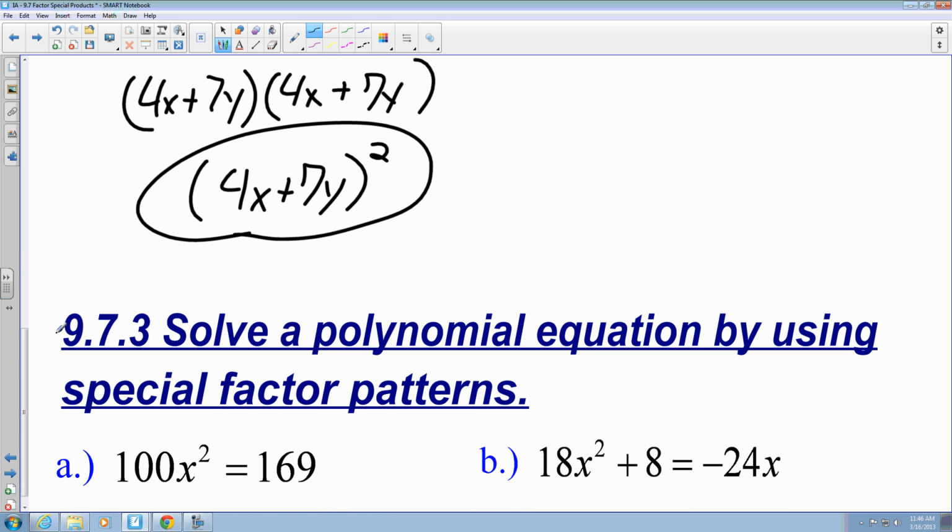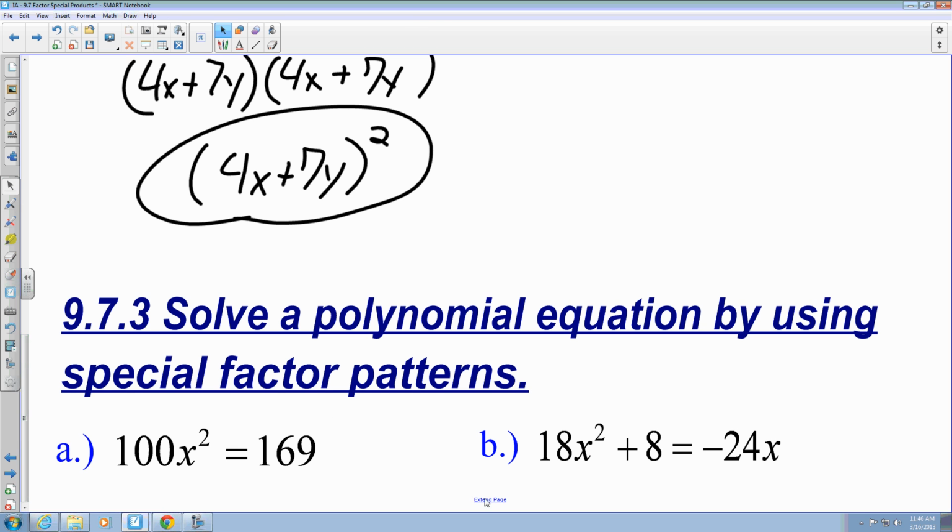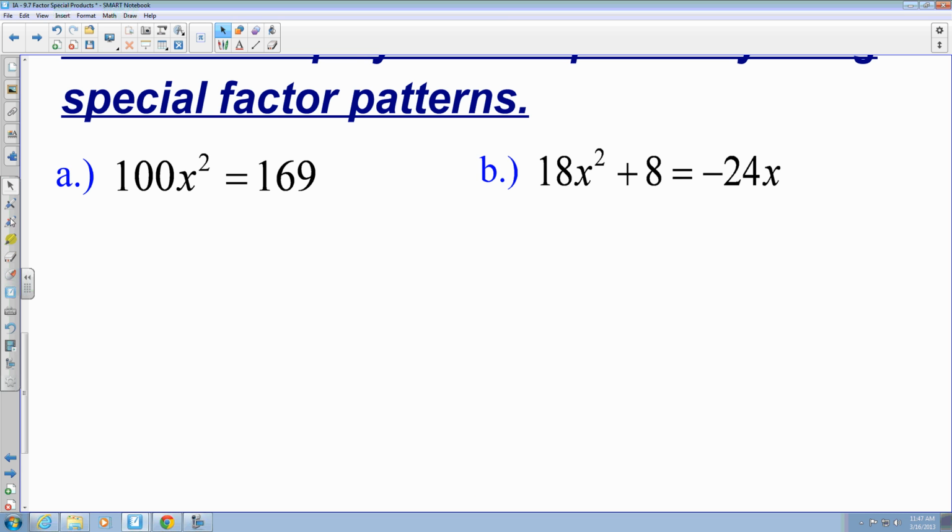Last thing we have is we can use those special patterns to help us solve equations. Here I have 100x squared equals 169. So like I've said, when we're trying to solve equations here with polynomials, I want to get one side of the equal sign equal to 0.